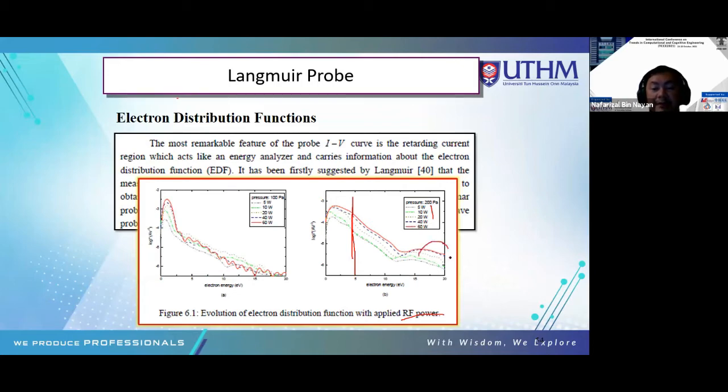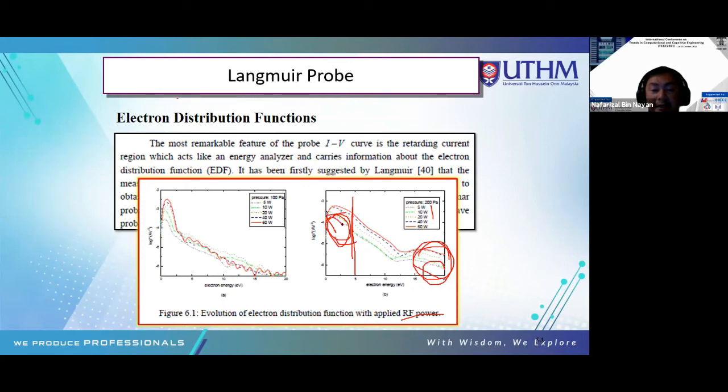On the right is the number of electrons with the energy of 20 eV. Of course, at the energy of 20 eV, there are not many compared to the electrons with a low energy.